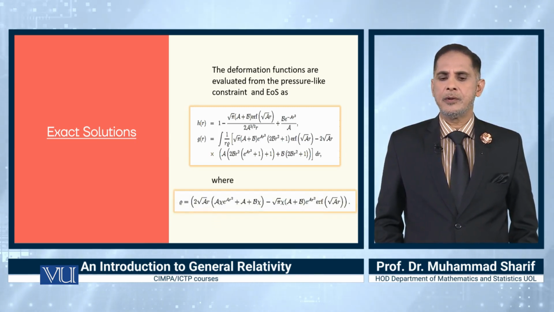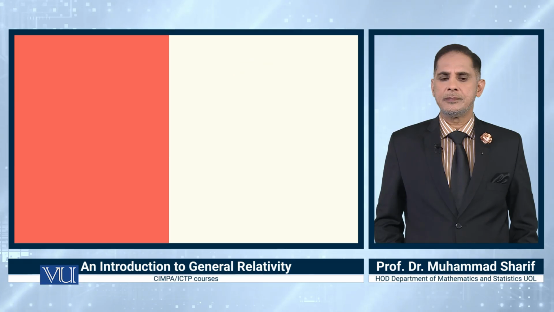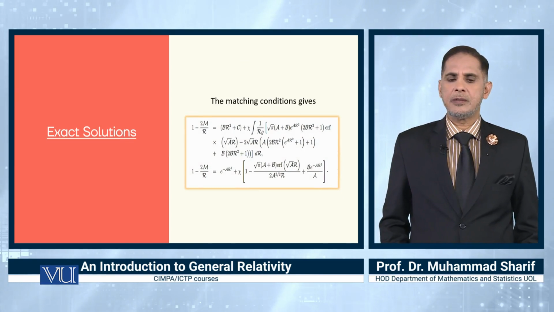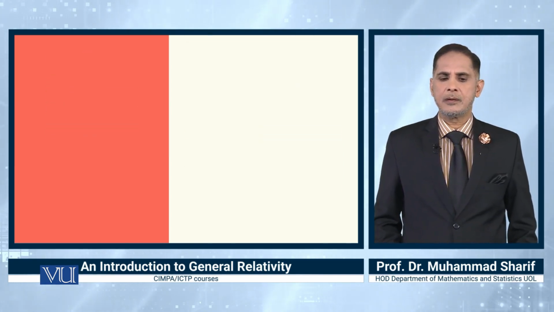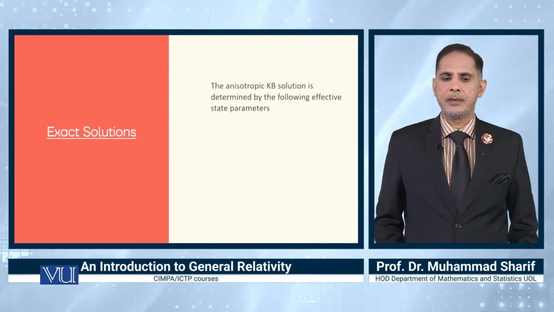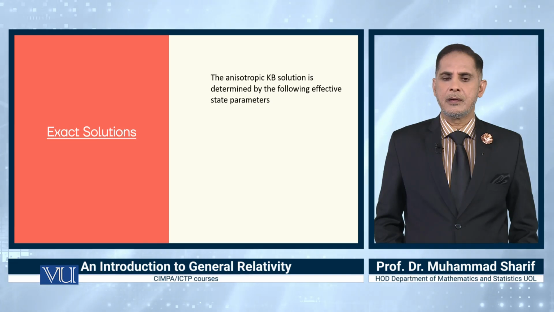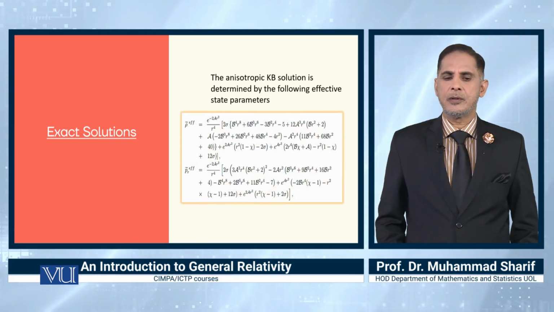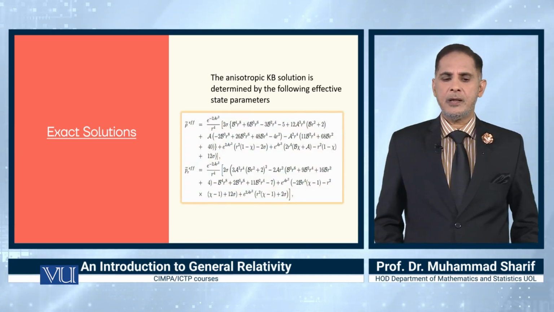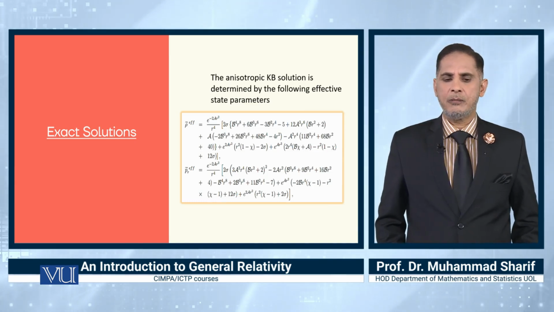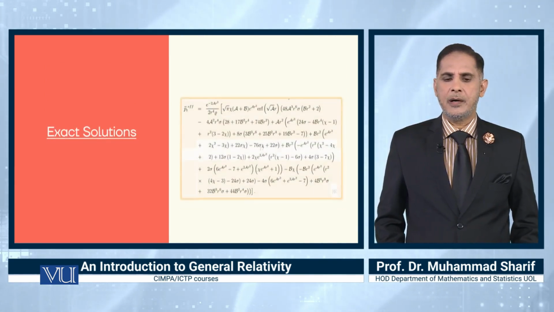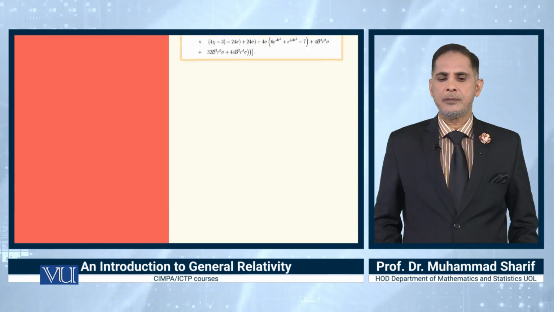Here rho is given as follows. These are the matching conditions, again the same in fact situation. So, finally the effective density, effective radial pressure, effective pressure and anisotropic factor are given as follows.